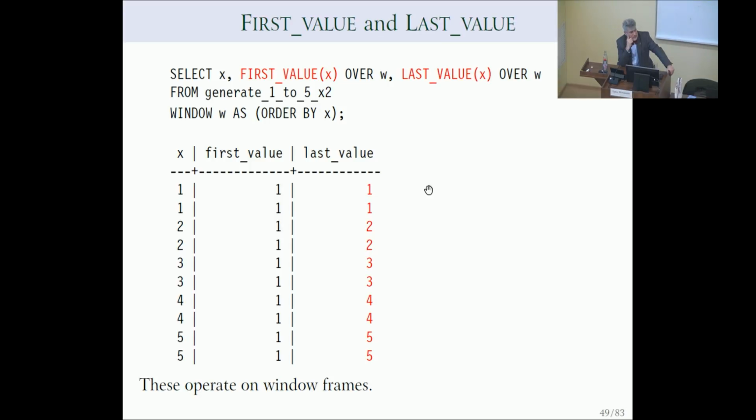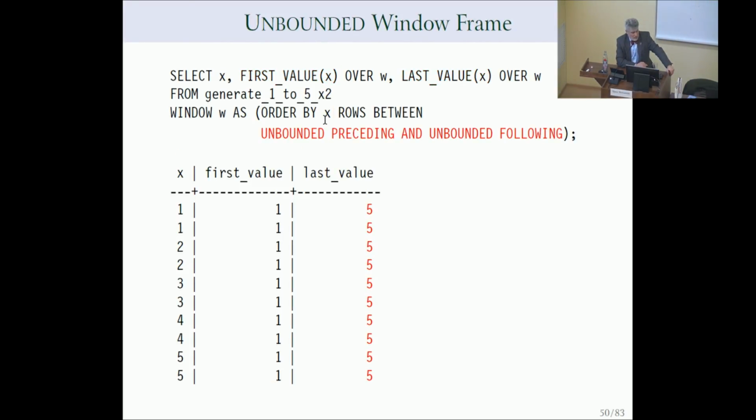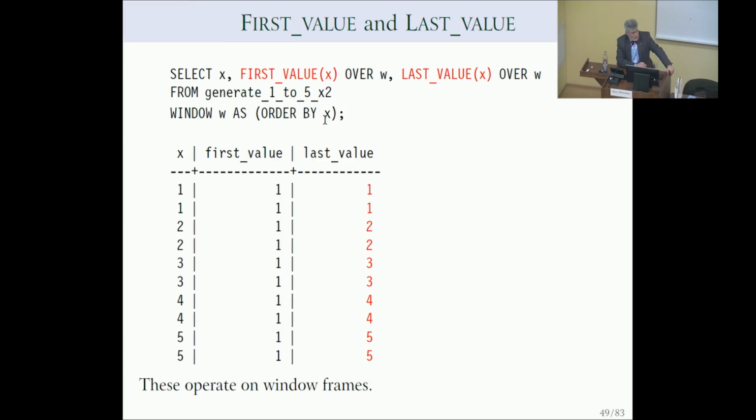Well, that's because my window frame, I have an order by, so it's literally range between unbounded preceding and current row, and therefore the current row is not the last row in the set, it's the current row of the peers. So it's the peer last current row.